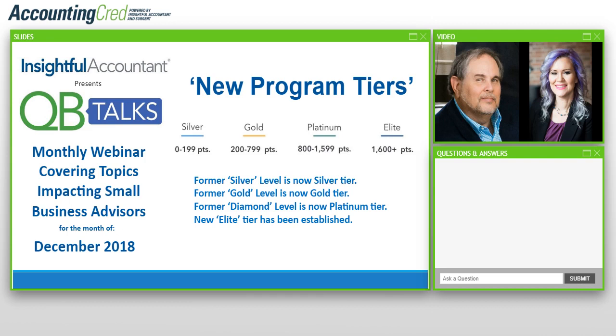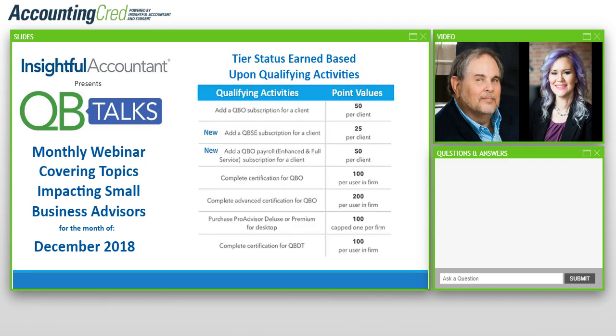You see the points there. That'll mean more to you in just a moment when we look at the basis upon which points are earned. So we will just go ahead and move on and look at some of the qualifying activities that can earn you points.